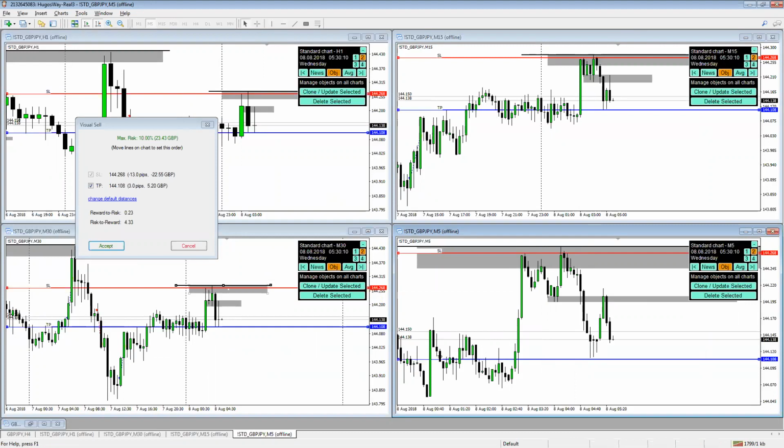Where does it look like head and shoulder? Hold on, let me see if I can draw. Ah, a small one there. Yeah, an ugly one, because it doesn't always look perfect in real life.